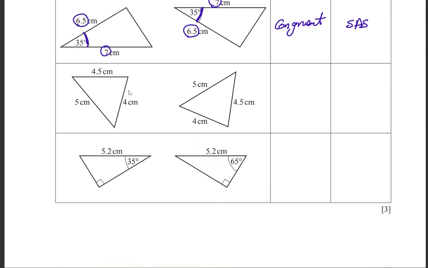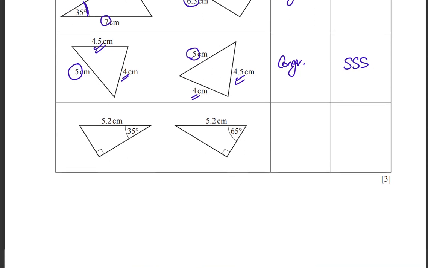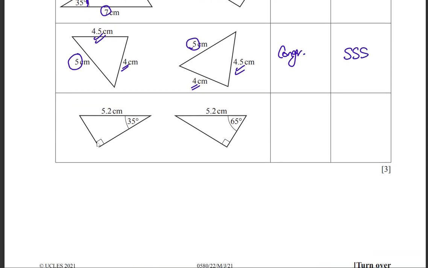I have here 3 sides: 4 centimeter, 4 centimeter, 5 centimeter, 5 centimeter, 4.5, 4.5. So it is congruent and it is SSS. I have here 90 degree and 90 degree. This is 35. First of all, you should get the third angle.